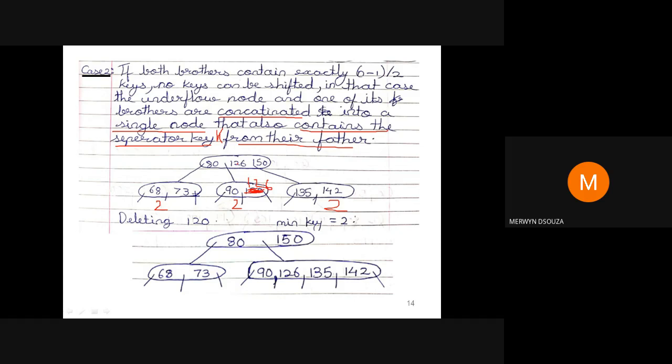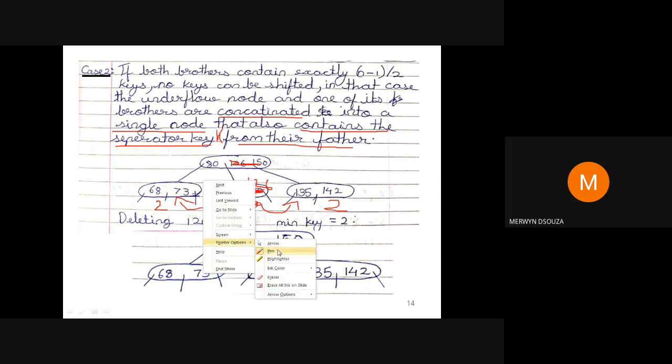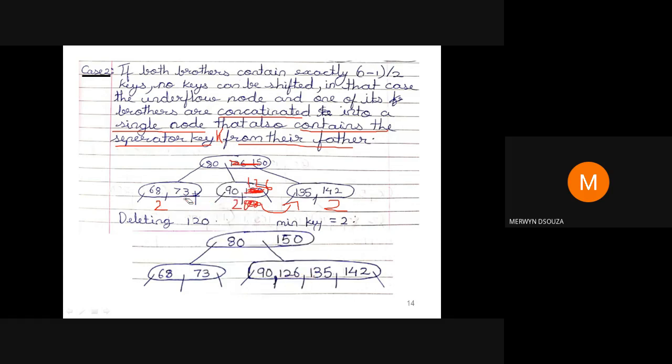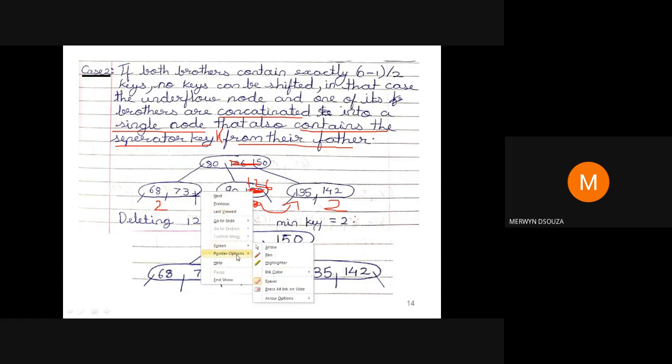I take this 126 down, but I merge the middle node with either the younger brother, or I can merge it with its older brother. Any one side I can merge. In this example, I am merging with the right side, that is with the younger brother.